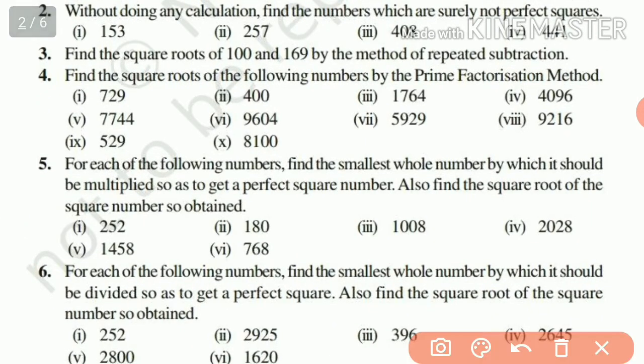Find the square root of 100 and 169 by the method of repeated subtraction. So here we will subtract odd natural numbers starting from 1.